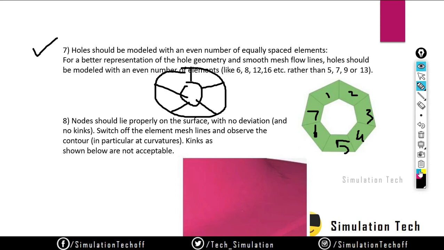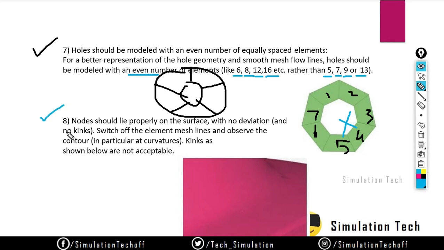This is not recommended. You can't split like that. Either you can use the numbers 6, 8, 12 and 16, not 7, 5, 9, 13. Only even numbers, not odd numbers. Equally spaced elements give better results. So that is rule number 7.